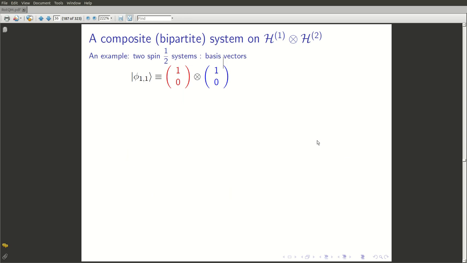Phi 11 is a direct product of half-half cross half-half, which in the matrix representation is simply 1, 0 direct product with 1, 0. I've tried to use color coding here, so the red stands for the first spin, blue for the second. And notice that this is our very first basis vector for the composite system, and since it's the very first basis vector, its representation as a column vector is simply 1, 0, 0, 0.